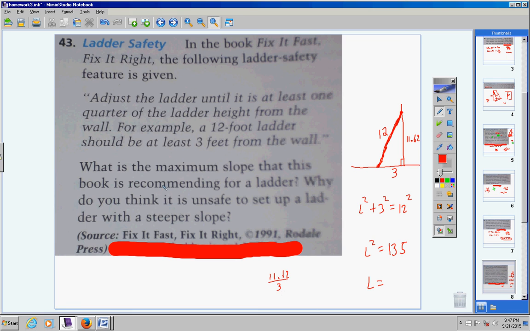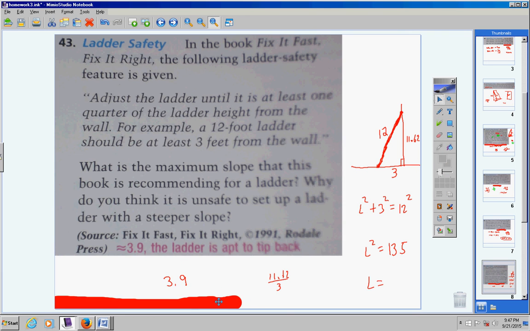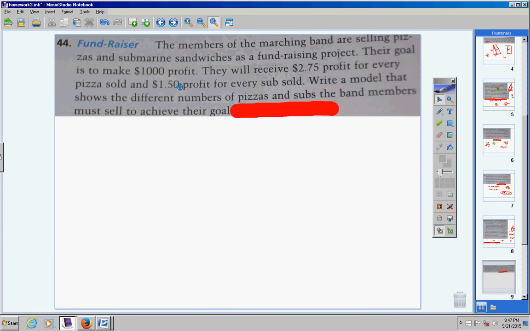So 11.62 divided by 3 is going to give me the slope, which should be, let me check the answer right here, 3.87. So I'm going to round that to 3.9. And the answer is 3.9. Okay, so we found the slope of the ladder by setting up a picture and using rise over run. Not too difficult.